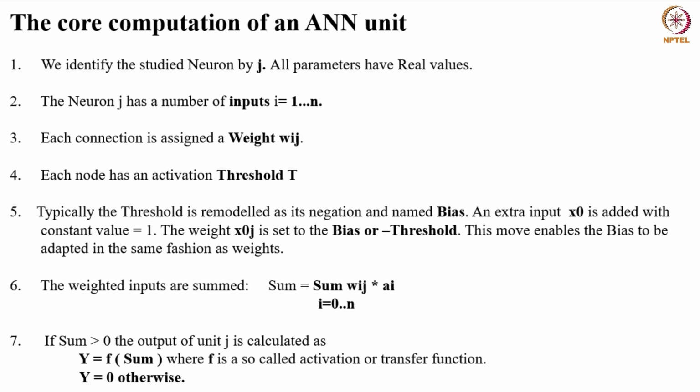So the core computation, which you should be familiar with now, is that you assign weights to all the inputs. You decide on a threshold. You remodel the threshold in the way we already described in terms of an additional input.